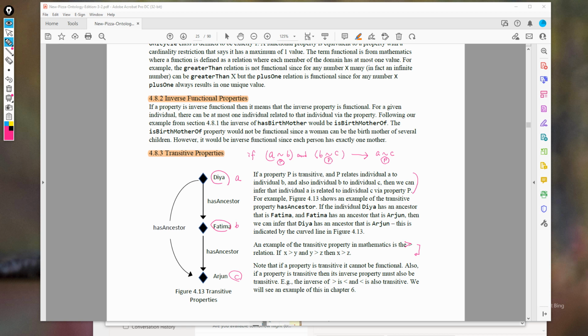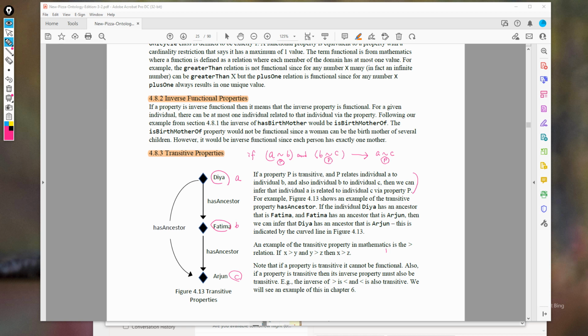A good example is in mathematics. This greater than is a great example of a transitive relation.